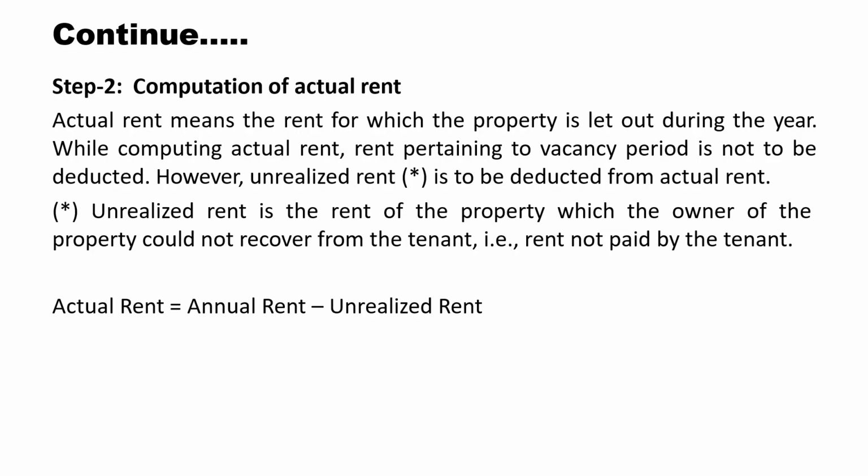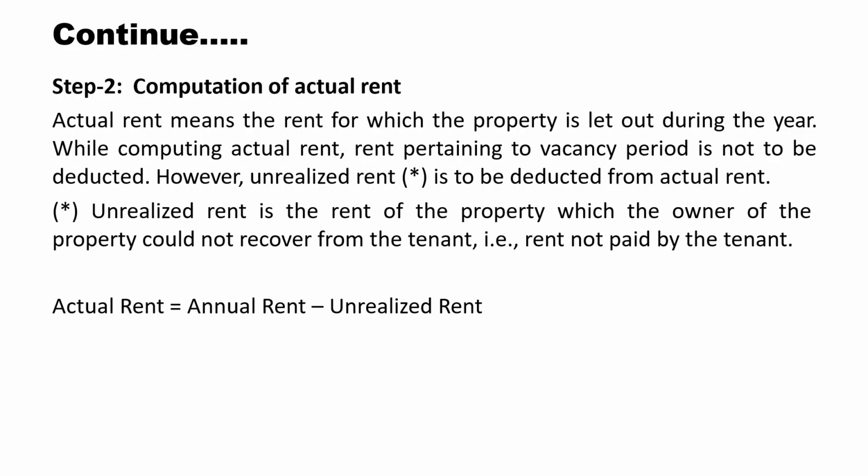These amounts are important. So under step number 2, for getting the gross annual value, what are we going to calculate? We are going to calculate the actual rent. And actual rent is equal to annual rent minus unrealized rent. So suppose unrealized rent is given in the problem, then you have to deduct it from the annual rent.